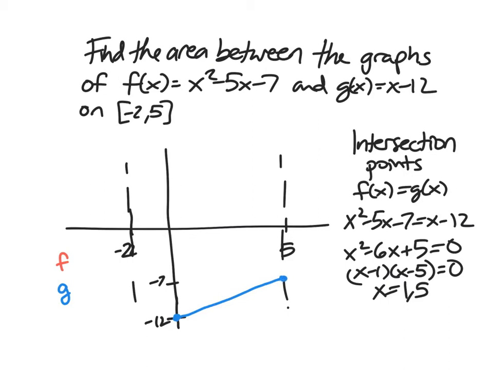It has slope 1, so by the time it hits 5, it's gone up to -7. And then it goes down over here at -14. And then f is going to go through -7 here, and we know at 1, so at the y value -11, it's going to intersect the blue graph.